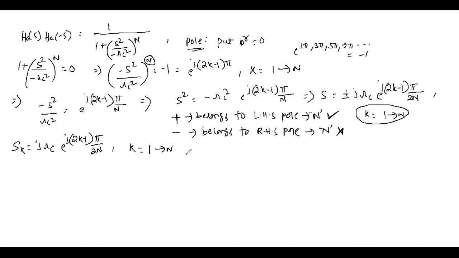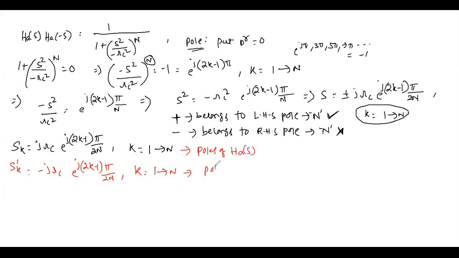You can say this sk is the poles of H of s. And if you want, you can also write s k dash equals minus j omega c e to the power j (2k minus 1) pi by 2n, k equals 1 to n.